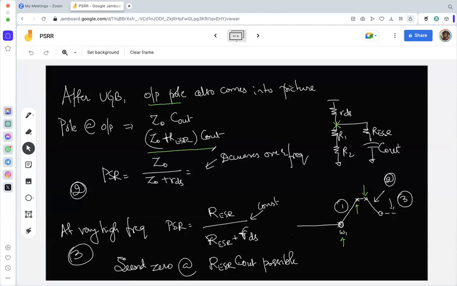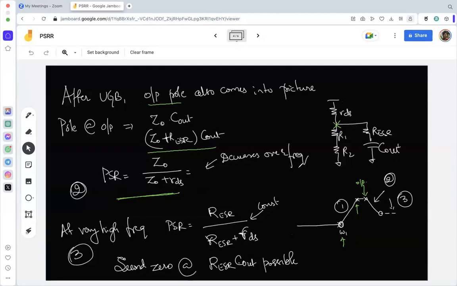Okay, so now because of this pole, the output pole, the curve again starts to fall. Why does it fall? Because the PSR is now nothing but ZO divided by ZO plus RDS. This overall expression starts to decrease over frequency.